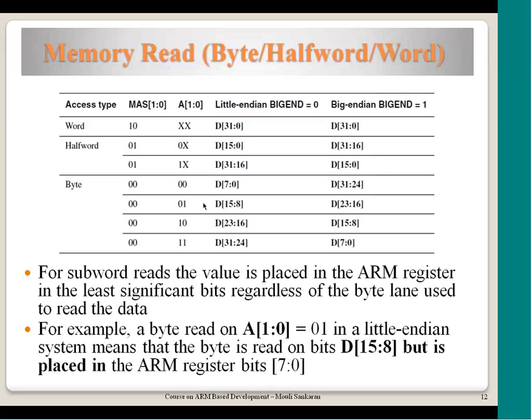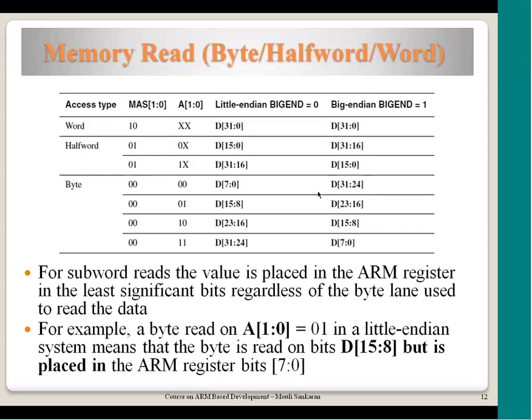So based on the endianness of the processor, the byte being read or written is taken from the respective data buses. If it is little endian, you know the LS byte will come from this part of the memory. Whereas if it is a big endian machine, if it is a lower byte, it will come from the MS byte, because it is stored at a higher address, right?